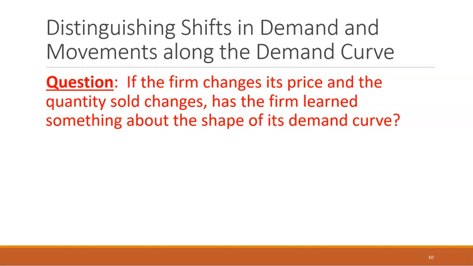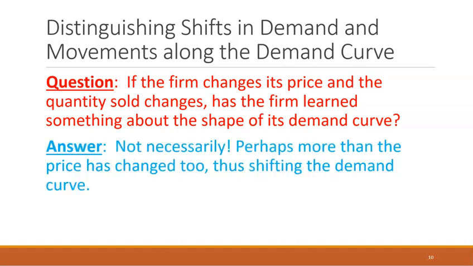The question is, has the firm learned something about what its demand curve looks like? It's changed its price, it observes a new quantity sold. Are those two combinations of price and quantity lying on the same demand curve? Well, of course, the answer is no, not necessarily.